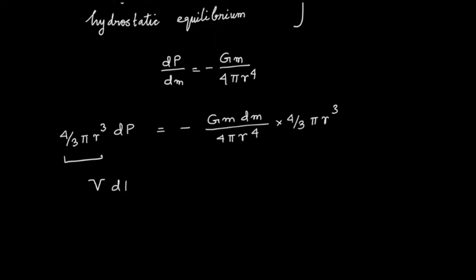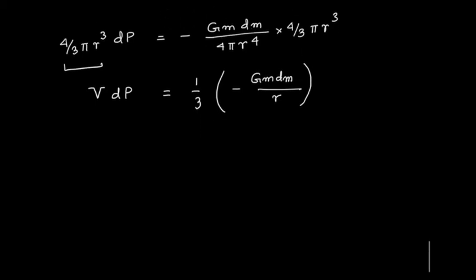So let's write the left hand side as VdP. In the right hand side, I get 1 by 3 minus Gm dm by R. I want to do an integral.